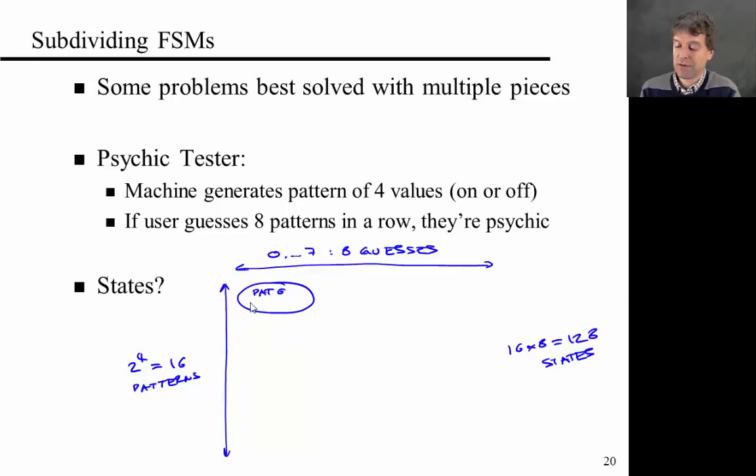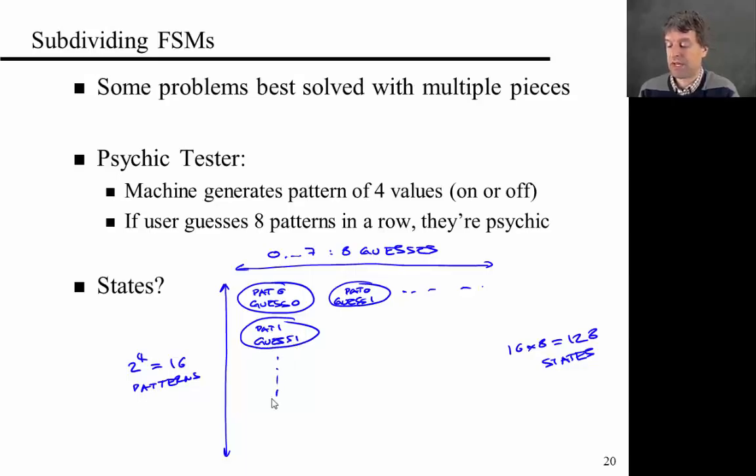So this would be pattern 0, guess 0, then the next one would be pattern 0, guess 1, and down here in this direction you'd have pattern 1, guess 1, etc. So 128 different states. And it might work just fine, but it clearly is a very, very inconvenient system to build.